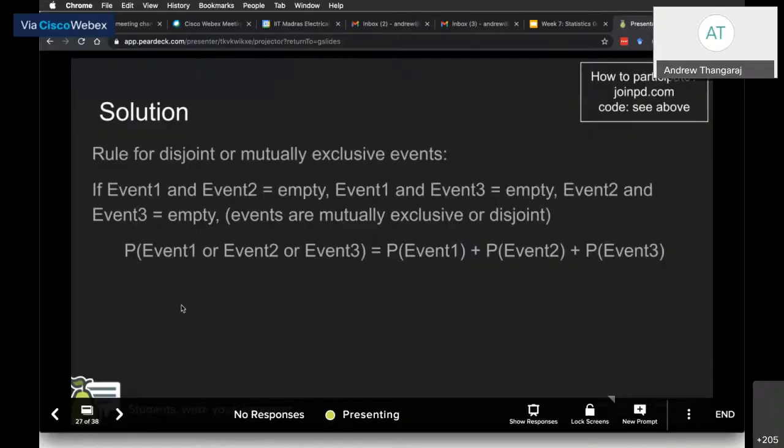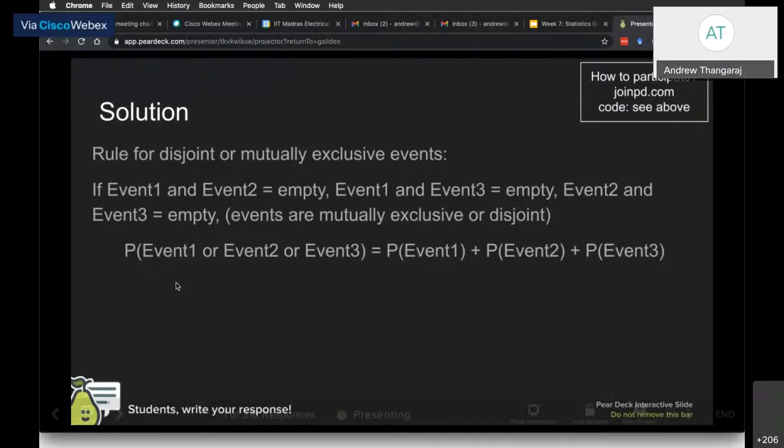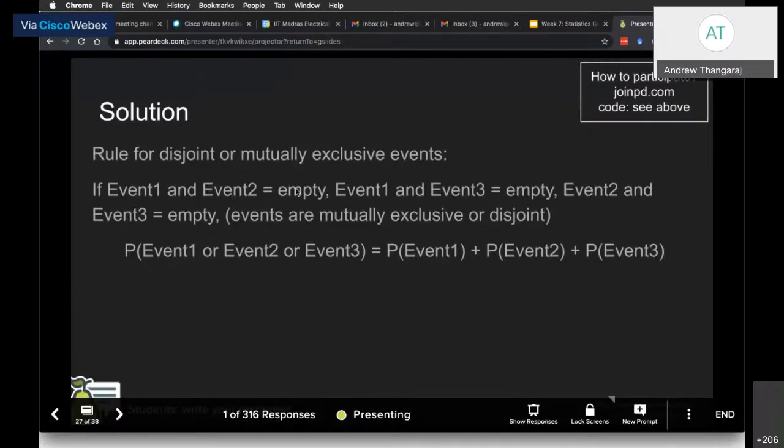The special case is disjoint or mutually exclusive events. If it turns out that event 1 and event 2 is empty, event 1 and event 3 is empty, and event 2 and event 3 is empty, then these events are mutually exclusive or disjoint. If these events are disjoint, then here is a rule for you to remember.